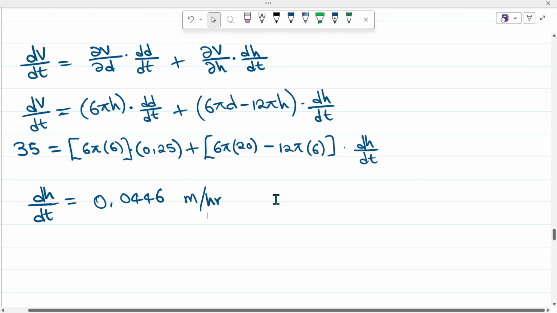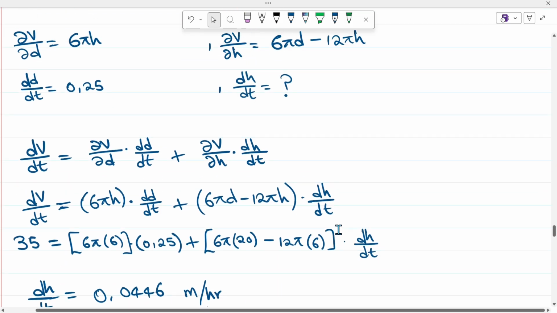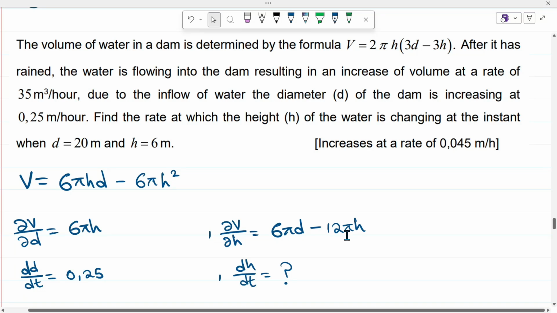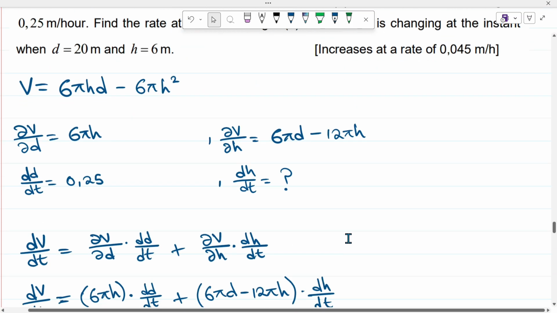So yeah, this is what you're going to get. The rate at which the height of the water is changing, it will be increasing.